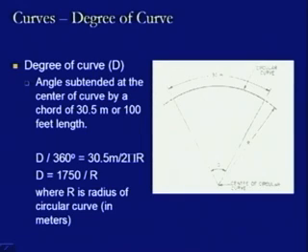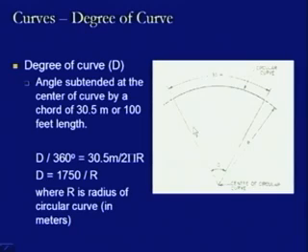In the case of the curvature, the degree of curve is the way by which it can be done, and this degree of curve can be found out by the angle which is subtended at the center of the curve by a chord of 30.5 meter or 100 feet long.